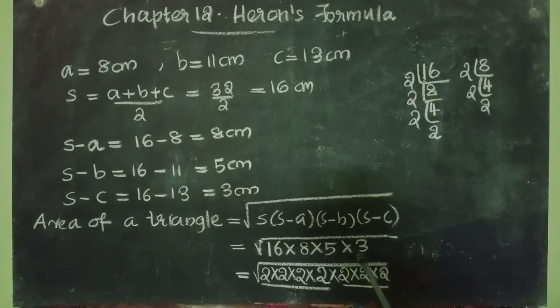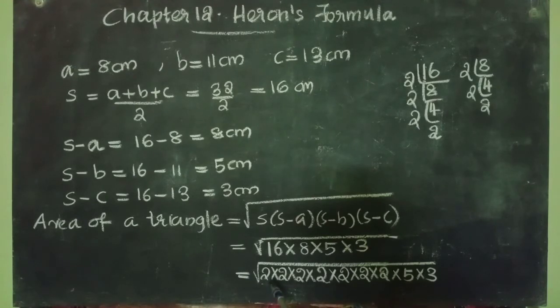Then the remaining 2 more numbers there, that also we can write. So now we got root of 2 into 2 into 2 into 2 into 2 into 2 into 2 into 5 into 3. Now very easily we can find out the square root.